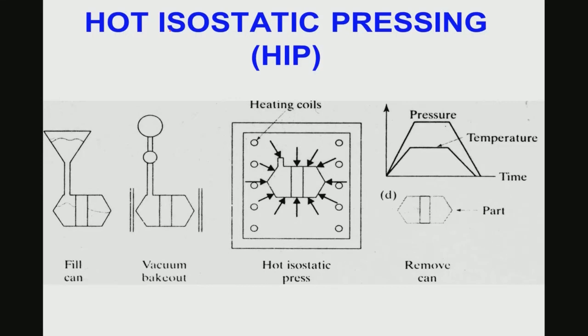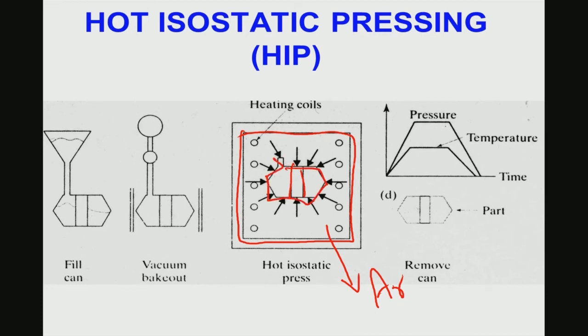So, one of the most advanced sintering processes is called hot isostatic pressing. As the name suggests, hot isostatic pressing essentially means you are applying equal pressure from all directions. Now, the classic example is that this is a typical hot isostatic pressing chamber. So, you fill it up with some high pressurized gas, let us say argon. Then you pressurize it to around 300 megapascal and so on, and then you put your sample somewhere here in a glass container.